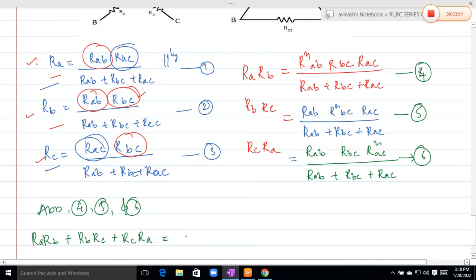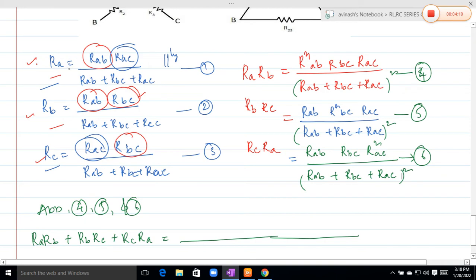The denominator will be a common factor here. In every equation we have a common factor like RA, RB, RC. Sorry, we get a square here.